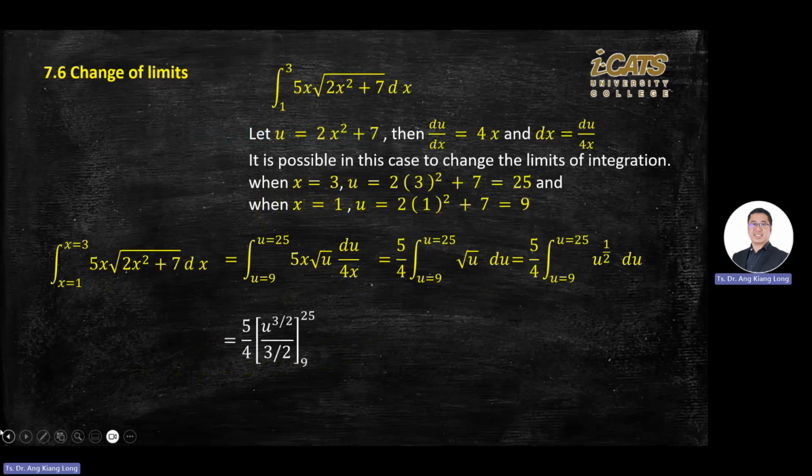After you're comfortable with this, convert the integral into a box, then write the upper limit and lower limit. I just need to remind you, remember to change the x into u. Don't continue to use the x value if you substitute u value inside the integration, or then you use the wrong limit already. The rest is still the same.